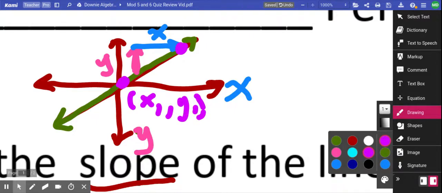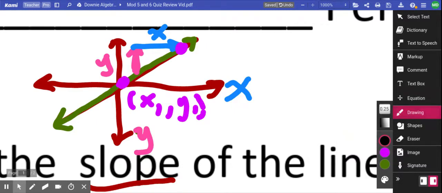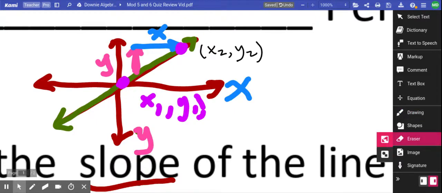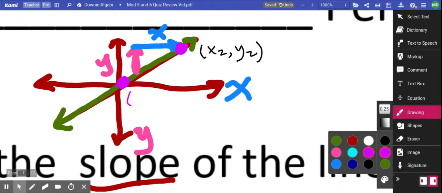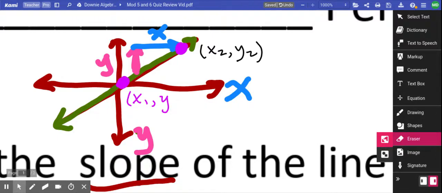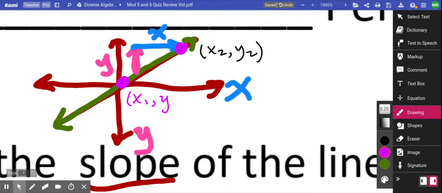Let's name my other point x2 and y2. Okay, let me rewrite this one so we can see it a little bit better. So I have my x1, comma y1, and my x2, comma y2.